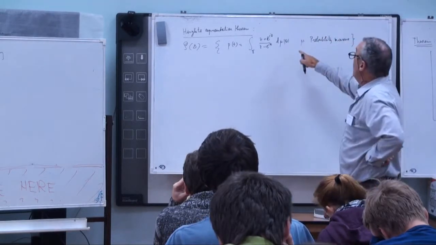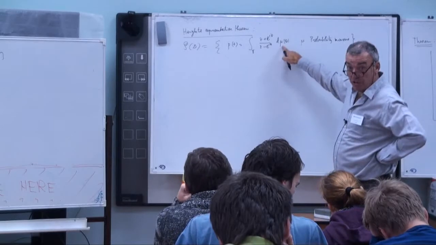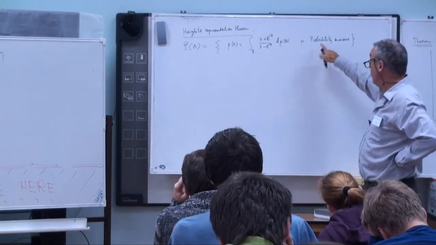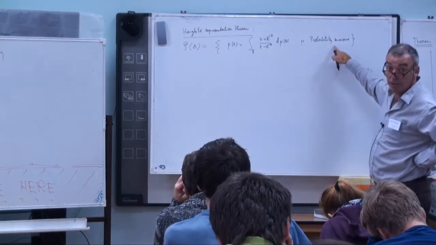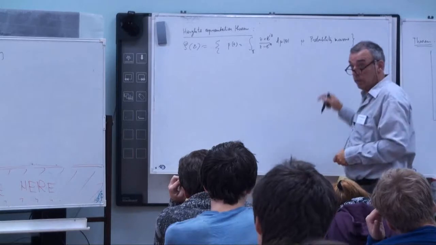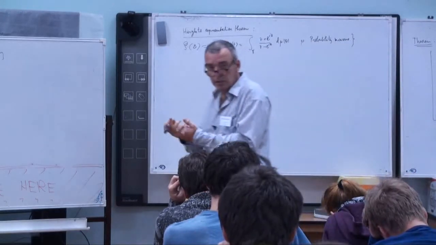Well, actually, if mu is a positive measure, then P has positive real part. And if you add the fact that it is a probability measure, you get the condition that P of infinity is equal to 1. Okay? Which is just a normalization.